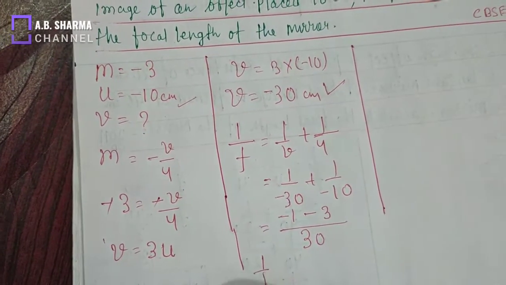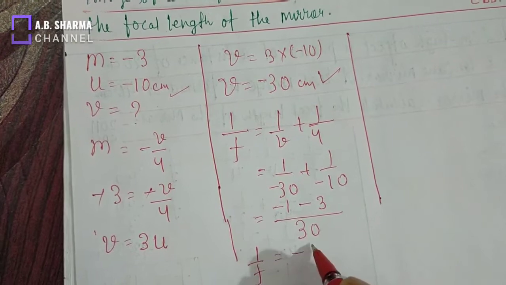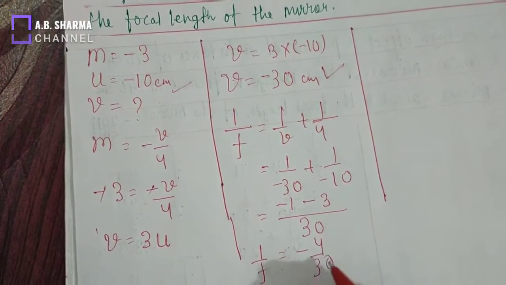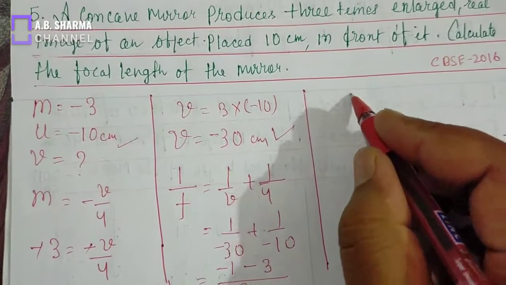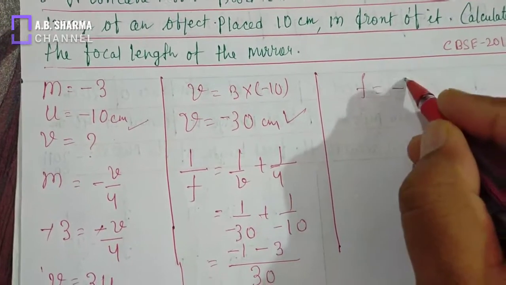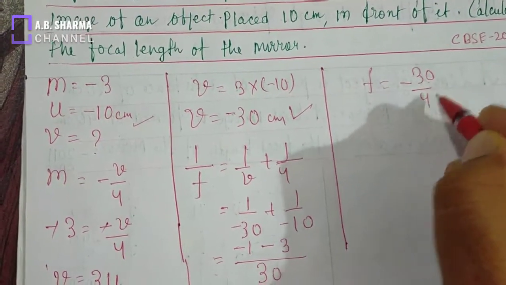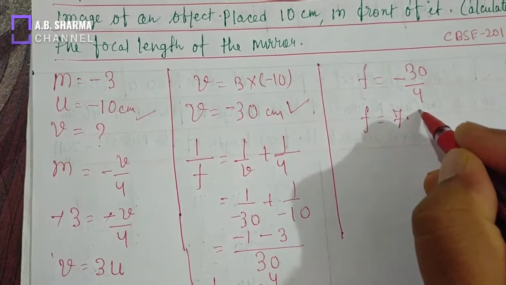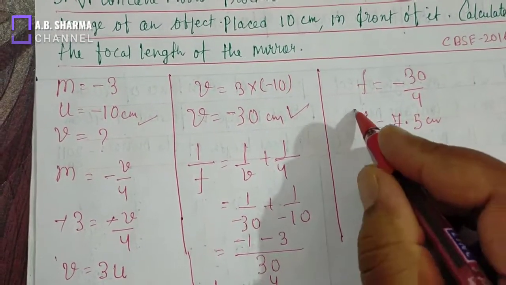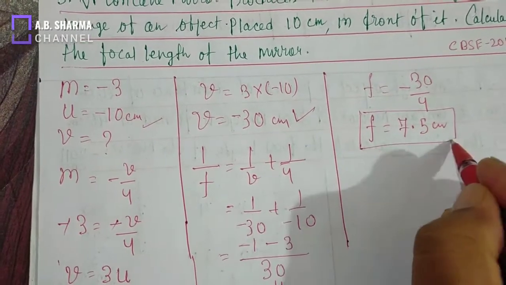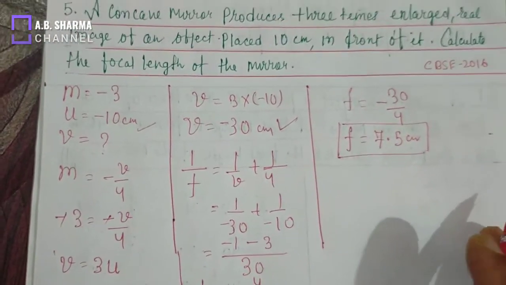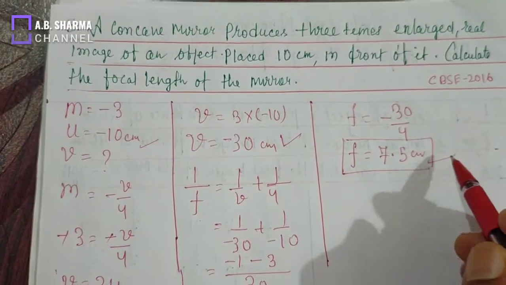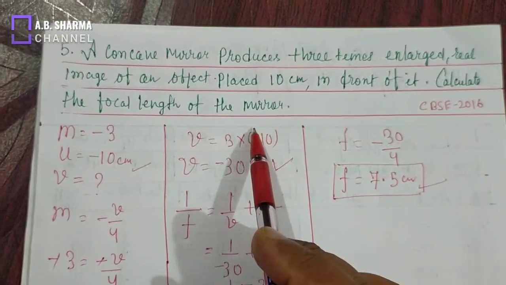So 1 upon f equals -4 by 30, or f equals -30 upon 4, f equals -7.5 centimeter. So this is the focal length of the mirror, which was the demand of the question.